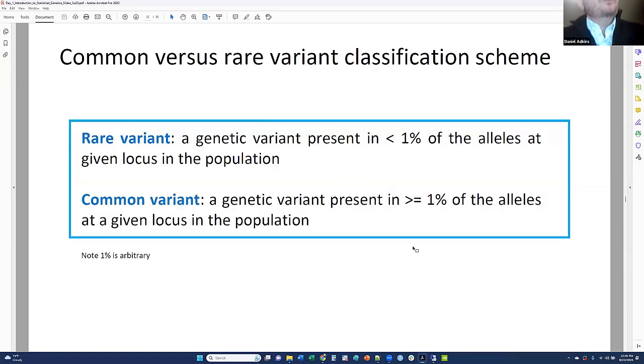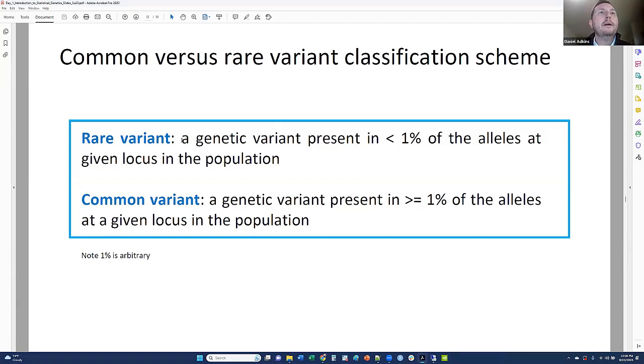Now, we frequently use a typology or classification scheme to break genetic variants, which again are places in the human genome where individuals vary to one extent or another, into 2 categories: common variation and rare variation.